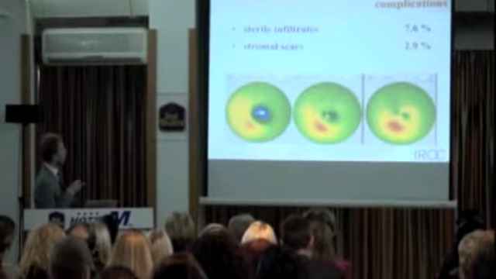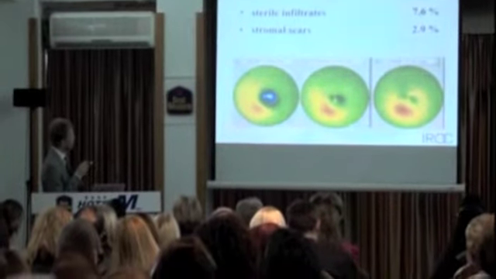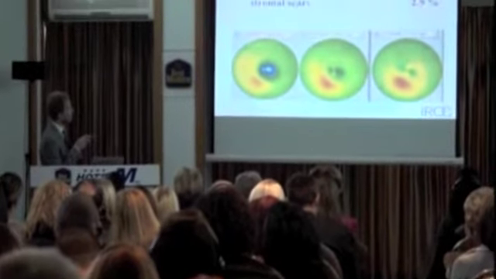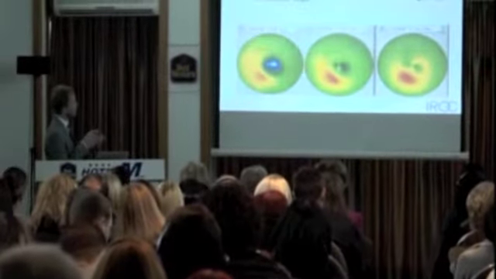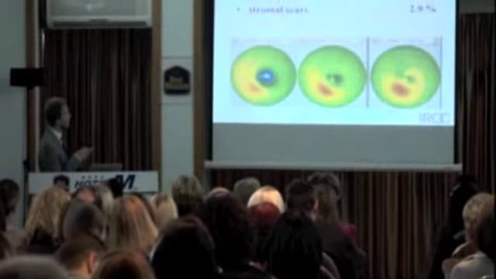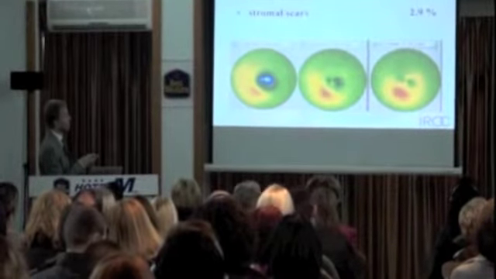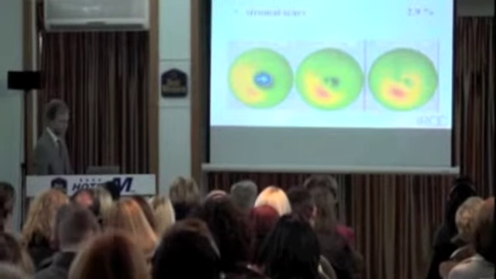If we look at the follow-up of this patient at 3 months, 6 months, and 9 months, we can see that the scar disappears and the steepening of the cornea gets a little bit higher, so we receive an almost normal cornea in the topography of this patient.